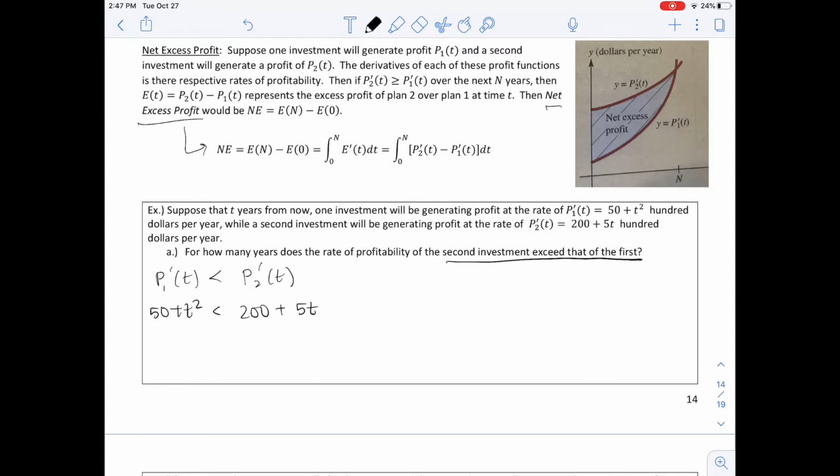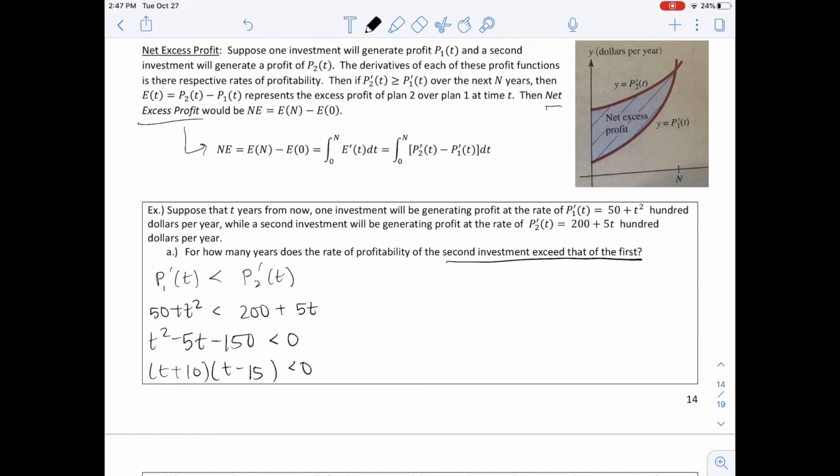Solving this, I'm going to move everything over to one side, and we have t squared minus 5t minus 150 is less than 0. Factoring this, we end up with (t plus 10)(t minus 15) less than 0.